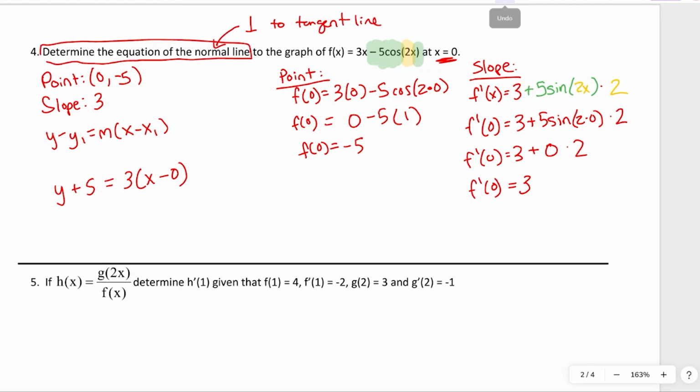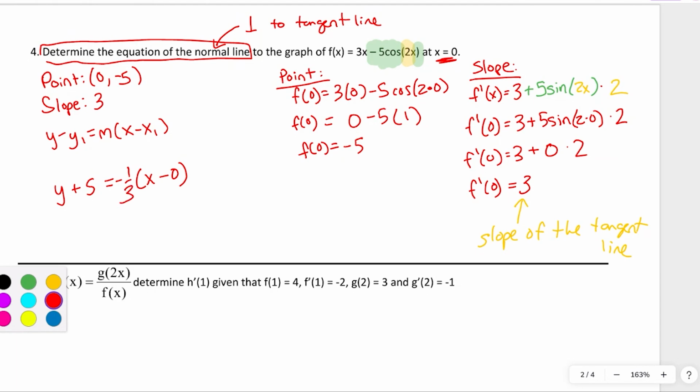So what I just found here was the tangent line. This is the slope of the tangent line. So I actually don't want the slope to be 3. I want it to be negative 1/3. All right, that looks a little bit better.